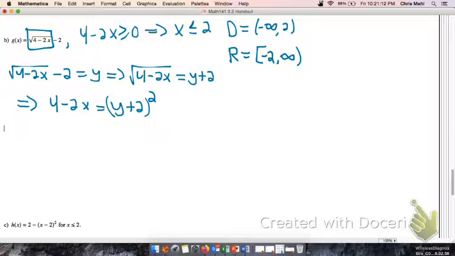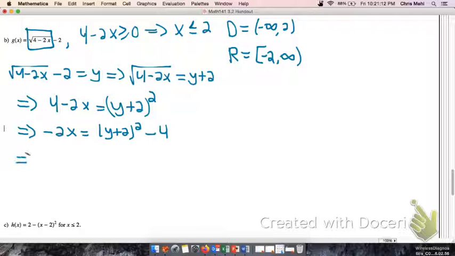And now I can subtract 4, and I can multiply both sides by negative 1/2. So first I'll subtract 4 from both sides, and I'll get negative 2x equals (y plus 2) squared minus 4. Okay.